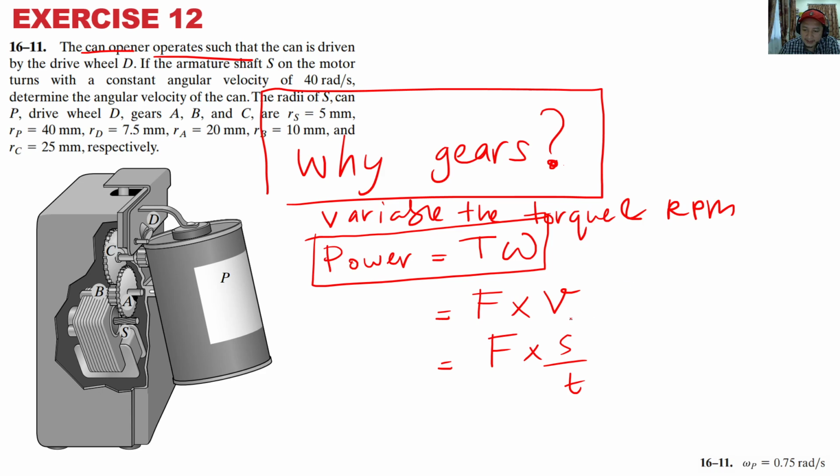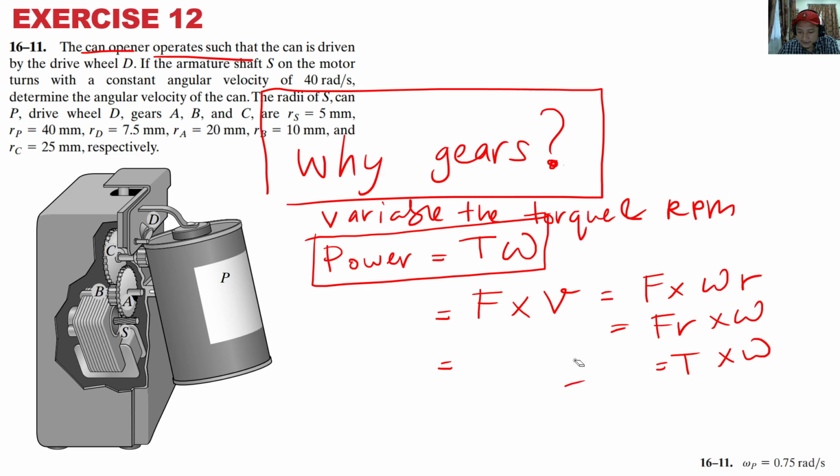Velocity is also over time, right? So velocity is equal to omega r, so power is force times omega r, which is F times R times omega. F times R is actually torque. So that's why you get torque times omega. Power is torque times omega.